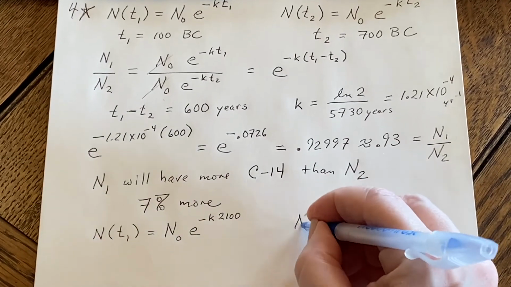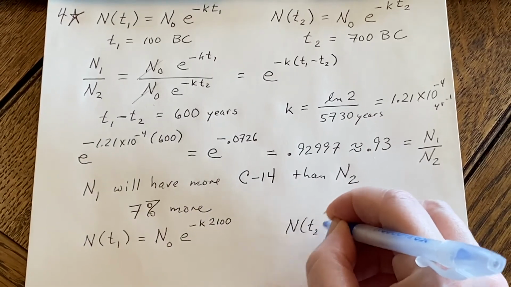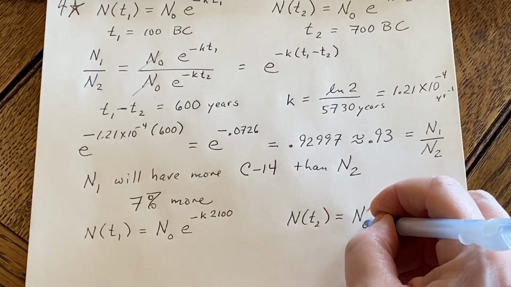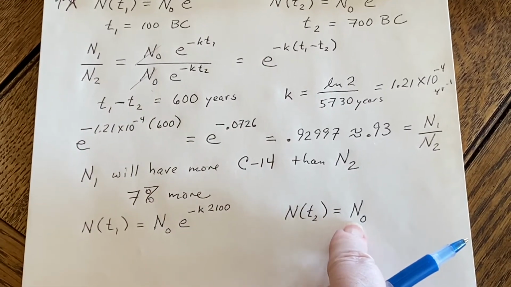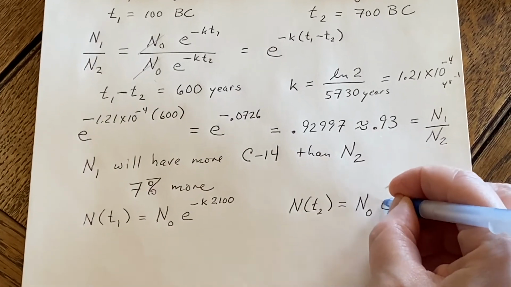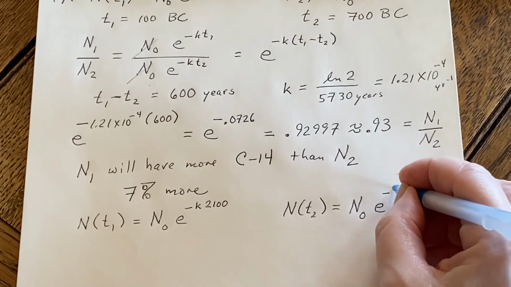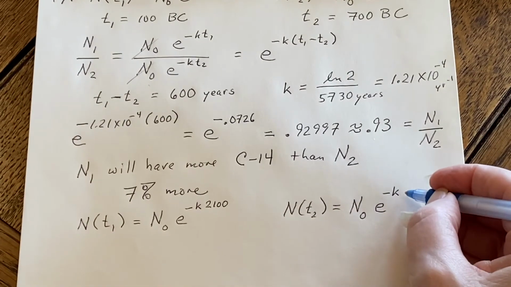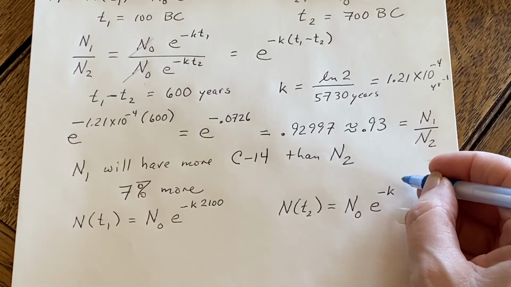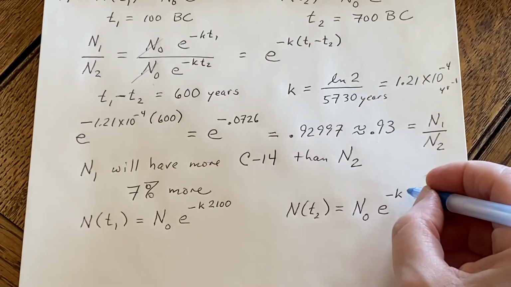The other one, for N at time 2, it started out with the same amount because it's out of the same type of wood, but because it was created more years ago, instead the number of years that have passed are the 2,000 years plus the 700 from BC.